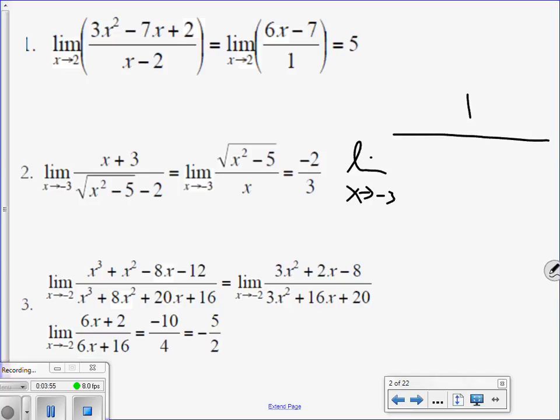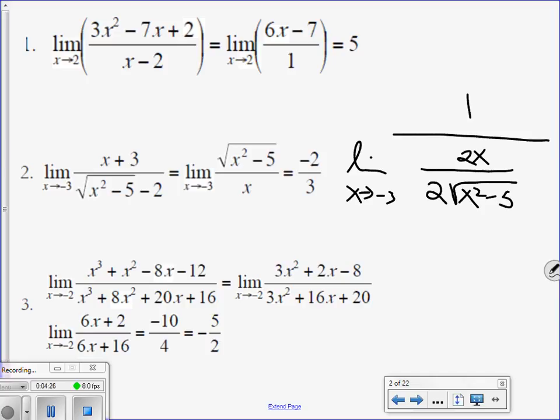So when I take the derivative of the square root of x squared minus 5, I'm going to get u prime, the derivative of the inside, 2x over 2 rad u, where u is the x squared minus 5. It just saves time when you know the pattern. So the derivative of the square root of u is u prime over 2 rad u.